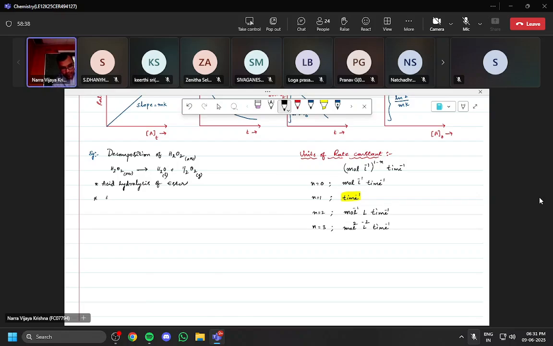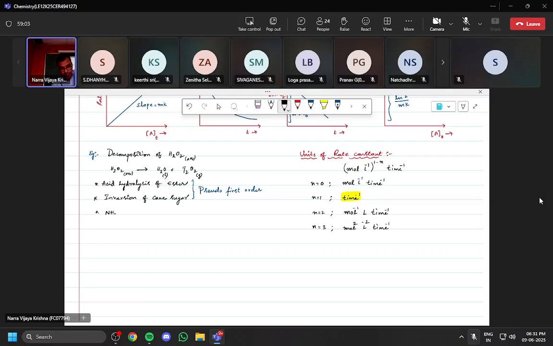Then one more example we have seen, inversion of cane sugar. It also follows first order kinetics or not? Inversion of cane sugar. All these are examples of pseudo first order reactions.